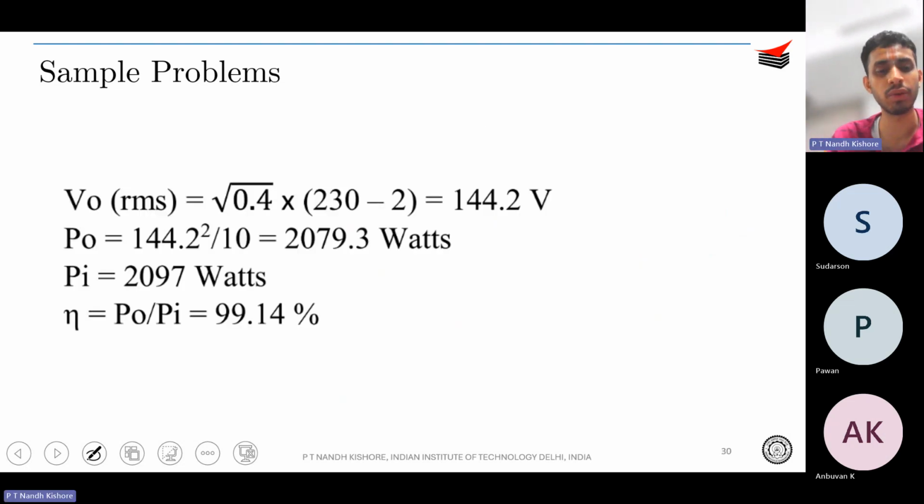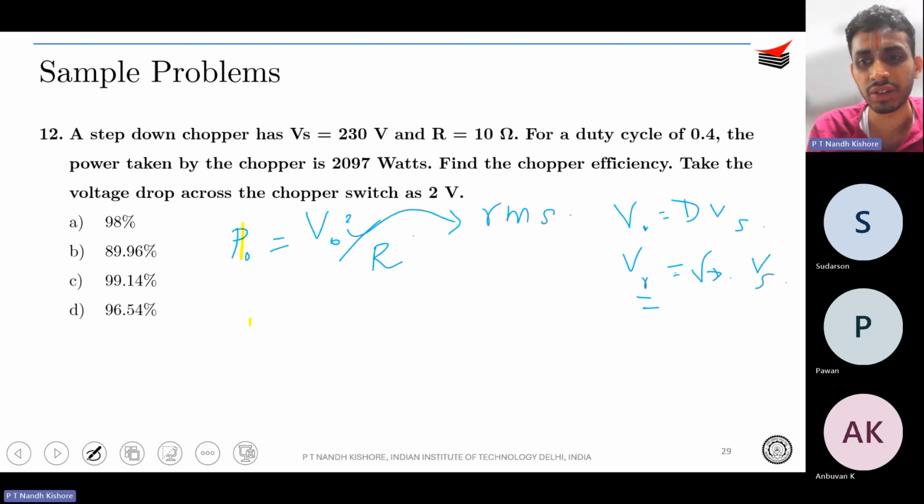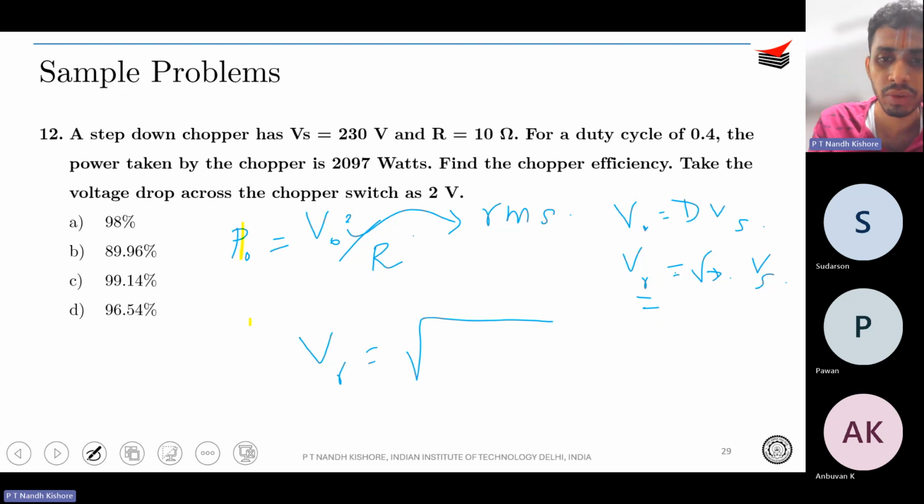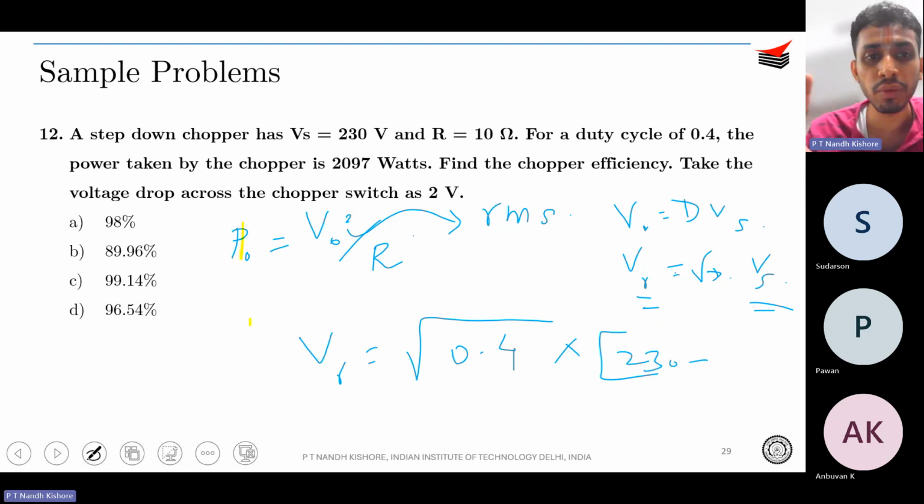So V naught RMS is root over D times Vs. So it is going to be root over 0.4. But over here, Vs is 230. You also have a drop of 2 volts across the chopper switch that we were drawing earlier. So it's going to be root over 0.4 into 230 minus 2. If I draw the circuit once again, right?